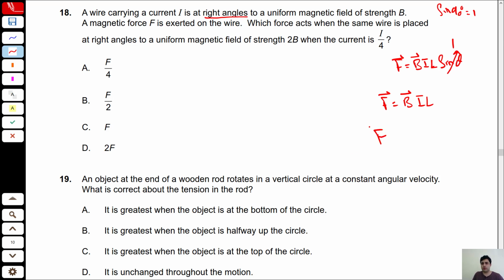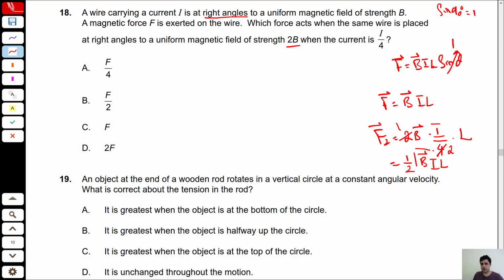So our new force is equal to new magnetic field strength, which you can see is twice the original magnetic field strength. How much is the current? Current has reduced by a quarter, and the length of the wire is the same length inside the magnetic field. So you can just do some mathematics here. It's going to be 1 over 2 BIL.